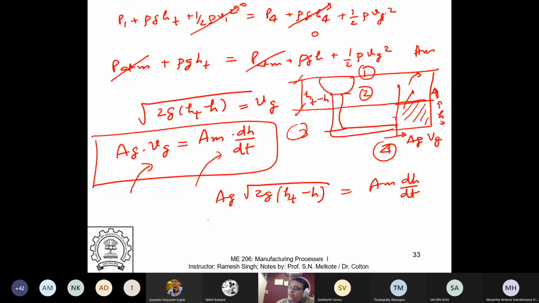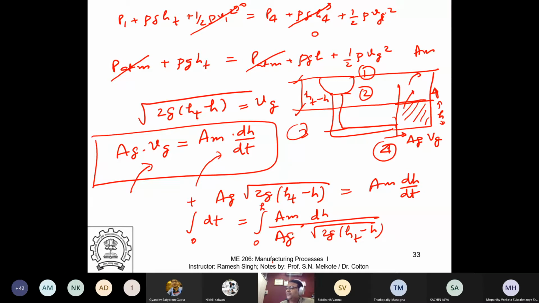So I can basically find dt is equal to Am divided by Ag, dH divided by root 2g(ht minus h). So I can integrate this from 0 to t, and 0 to h, right?